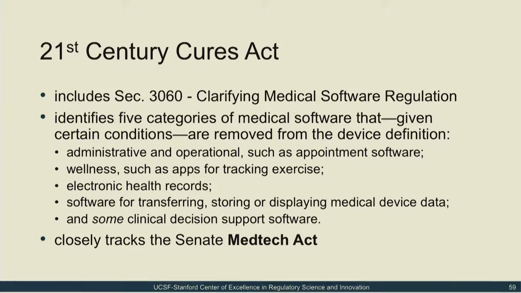The categories of software removed from the device definition are software that provides administrative support of a healthcare facility, software for maintaining or encouraging a healthy lifestyle, and software that serves as only electronic patient records. And lastly, software for transferring, storing, converting formats, or displaying data.